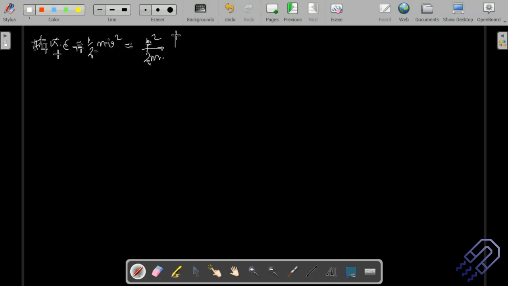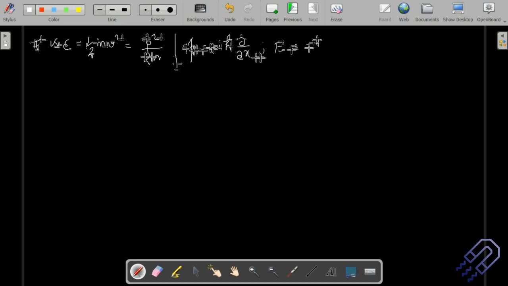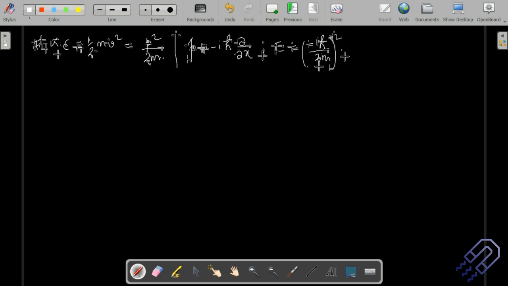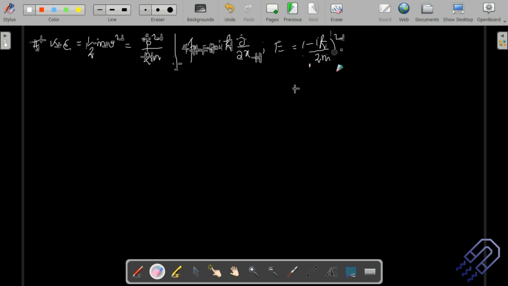But in quantum mechanics, p is considered as an operator, and the function is something like this: p is equal to minus i ħ del/del x. So the energy is equal to (minus i ħ) squared by 2m, with del squared by del x squared.